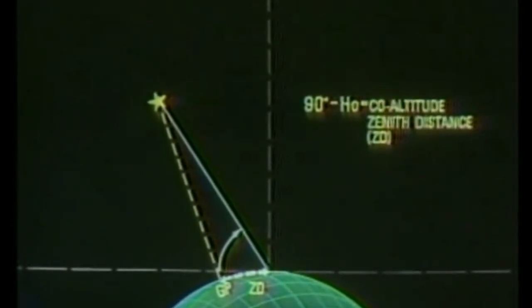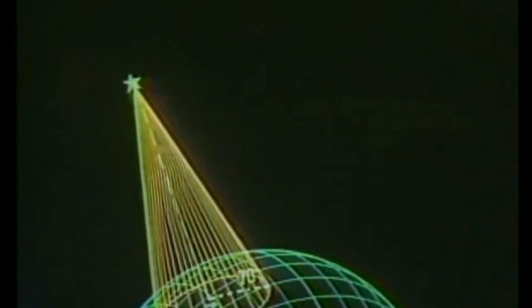Let's say you have obtained a sextant observation of 70 degrees on a star. You can see that a 70-degree measurement can be made from any number of points.